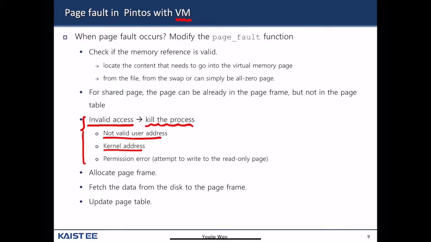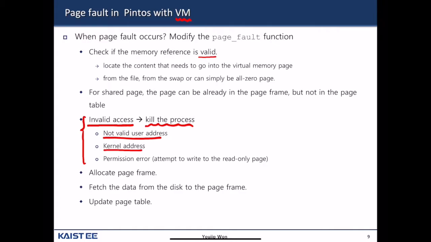Okay, so what if it's valid? Page fault has occurred, the address is valid, but it finds that the requested page is not present in memory. Then the next thing is you have to locate the content that needs to go into the virtual memory page. There are three cases.